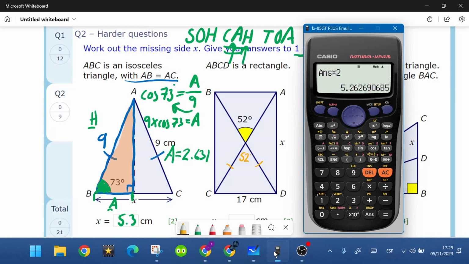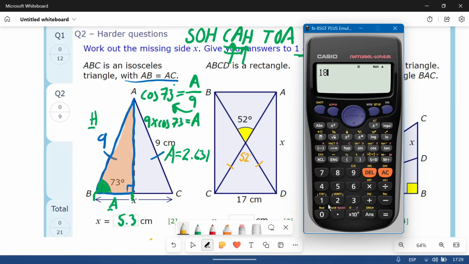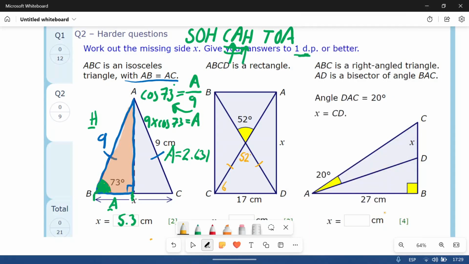So if we take that 52 and subtract it from 180, we get the size of the other two angles, and we divide that by 2, we get the size. So this is 64, and this is 64.